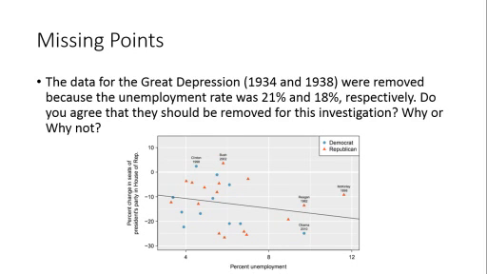So my question for you is, do you agree that we remove those 2 data points? Should we have removed the 2 points from the Great Depression? If so, why do you think we should have? And if we shouldn't have, why? Take a second and think about it. So not just yes or no, but you also need to know why.